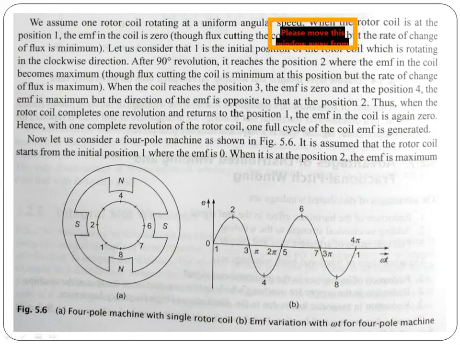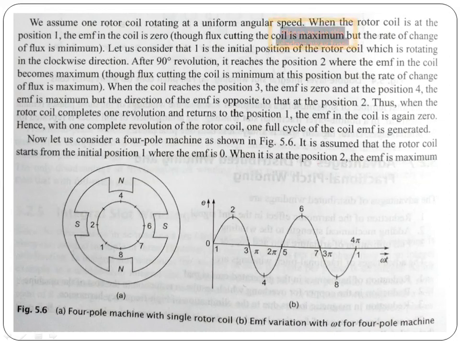The flux cutting the coil is minimum at this position, but the rate of change of flux is maximum. When the coil reaches position 3, the EMF is 0, and at position 4 the EMF is maximum, but the direction of the EMF is opposite to that of position 2.